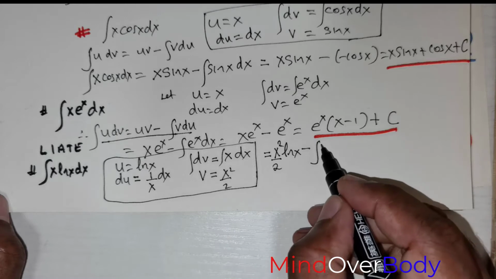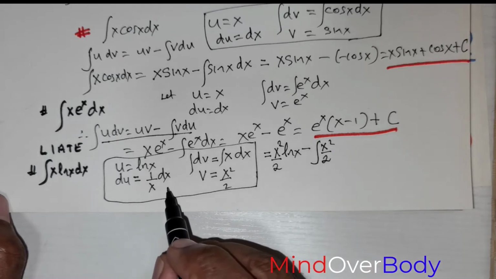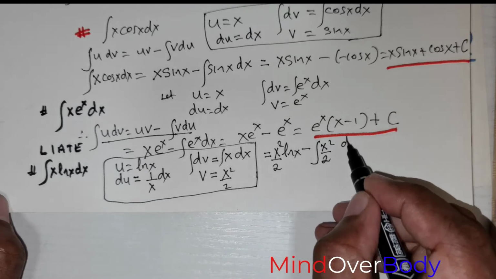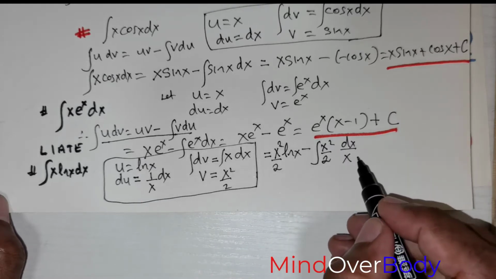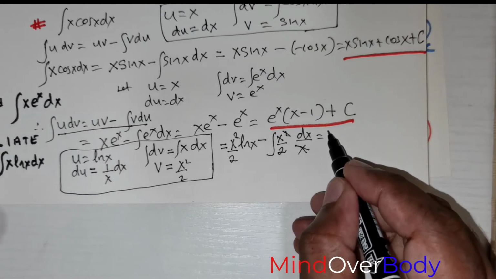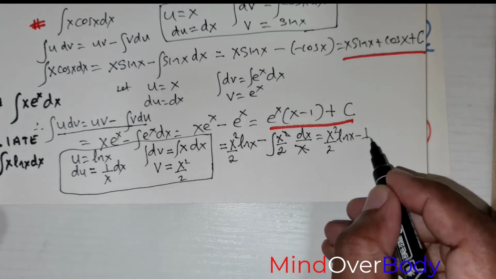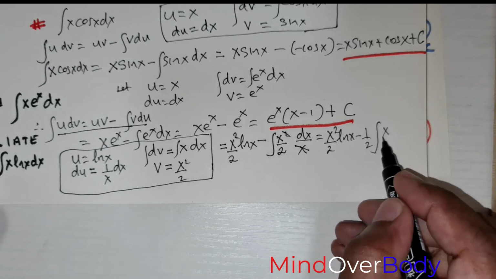So my v is x squared over 2 and my du is dx over x. So clearly I can cancel this x with this x, and that is going to be equal to x squared over 2 times ln x negative 1 over 2 times integral x times dx.